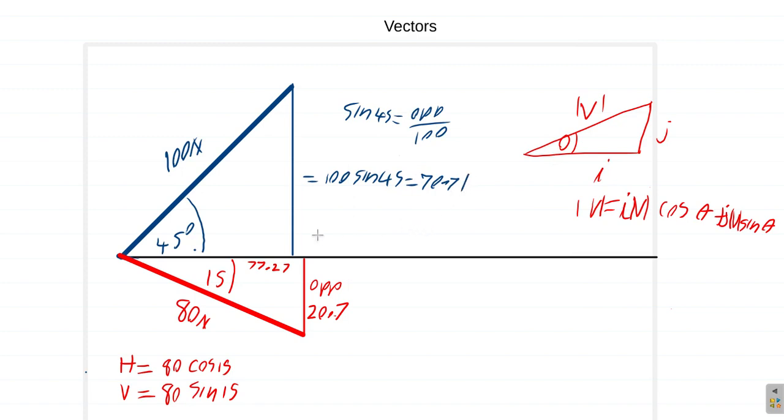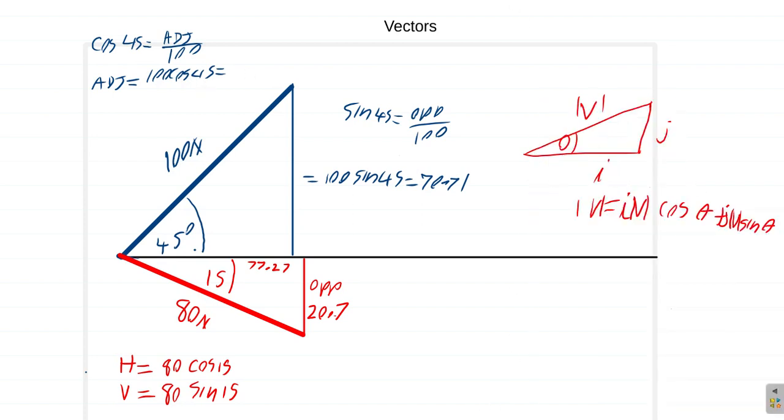And then this length, the adjacent going across here, is going to be, well, you know that cos 45 is adjacent over hypotenuse 100. So this adjacent is 100 cos 45.